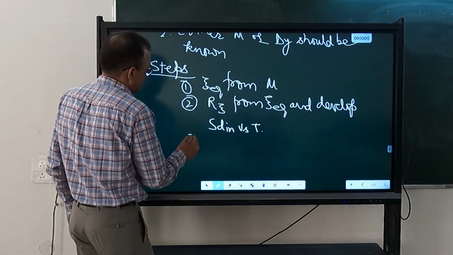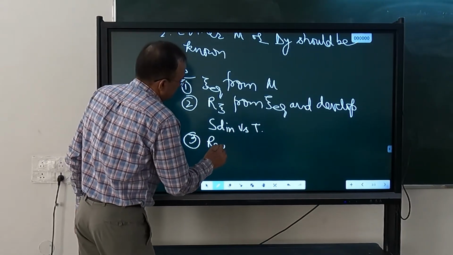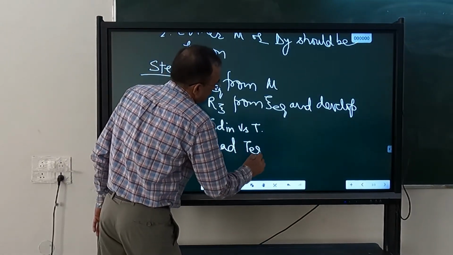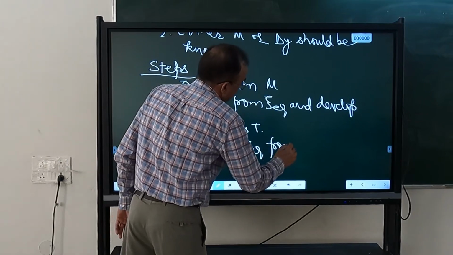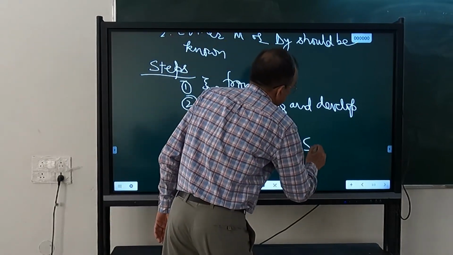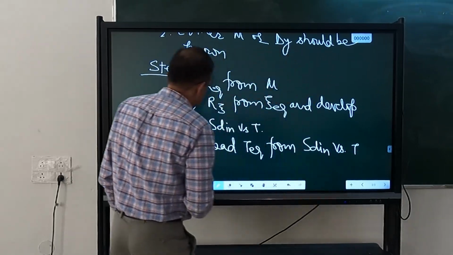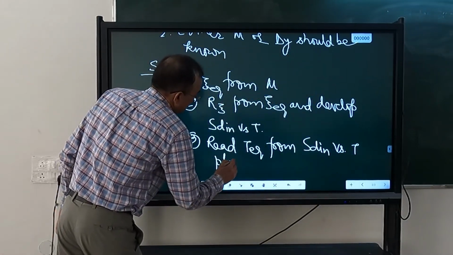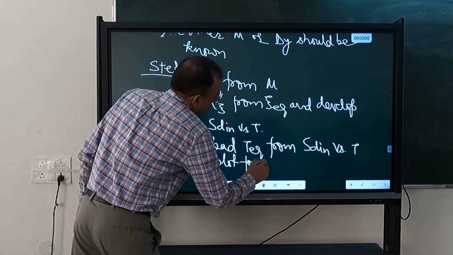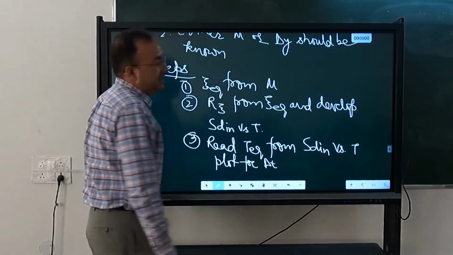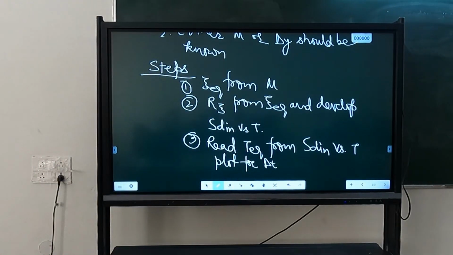Then you read T equivalent from the SD inelastic versus T plot for delta T or delta D, whatever you want to call it.